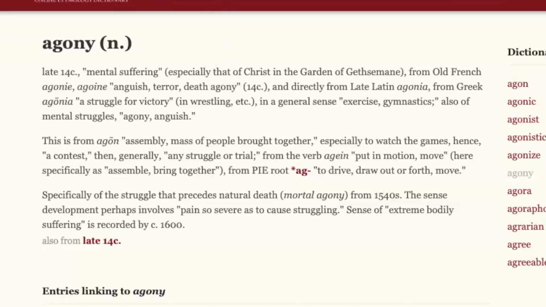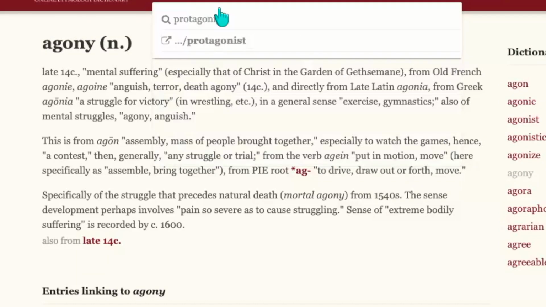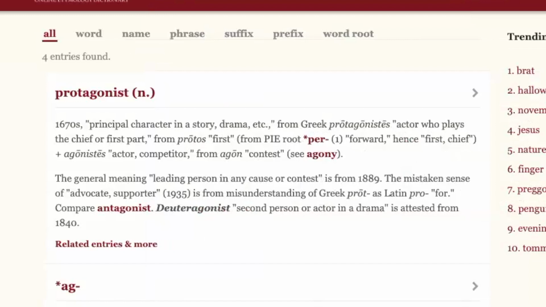If I go back to protagonist, I can see here that this is being used since the 1670s. So it was almost a little under 300 years later that we used the opposite. Now we see that as the opposite, antagonist.